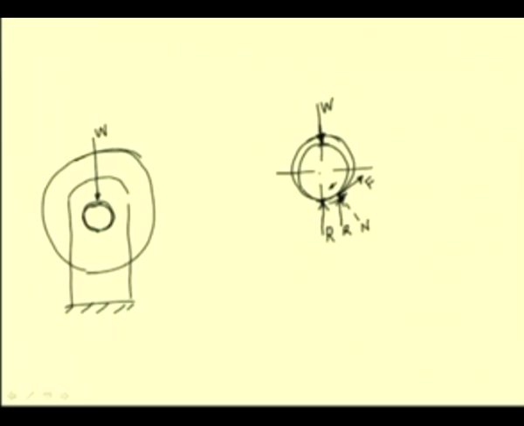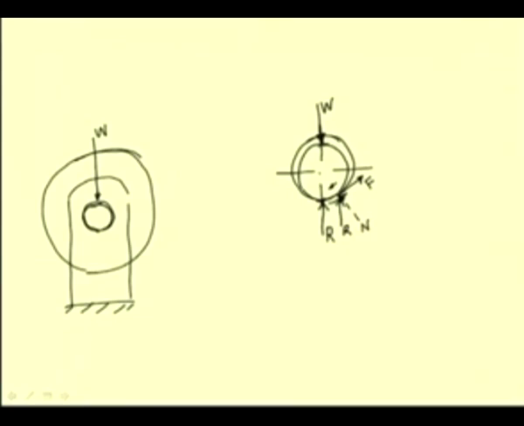And once the journal starts rotating at some higher speeds, the point of contact slightly comes down, because the kinetic friction is lower than the maximum static friction, and so the point of contact shifts from this, let us say, the maximum point up to which the axle has climbed, to another position, and it remains in equilibrium at this position.